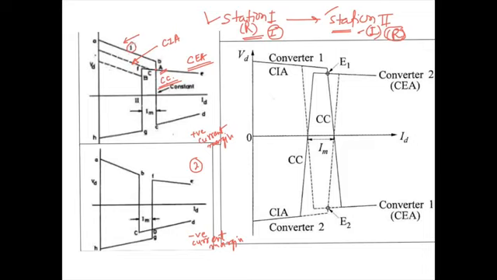So in this case, after the rectifier side voltage has reduced, another point of intersection is possible, and that is point C. Now point C is the intersection between the constant ignition angle characteristic of rectifier when input voltage is reduced and the constant extinction angle characteristic of an inverter. So the new operating point is C when there is a slight drop in rectifier side voltage.